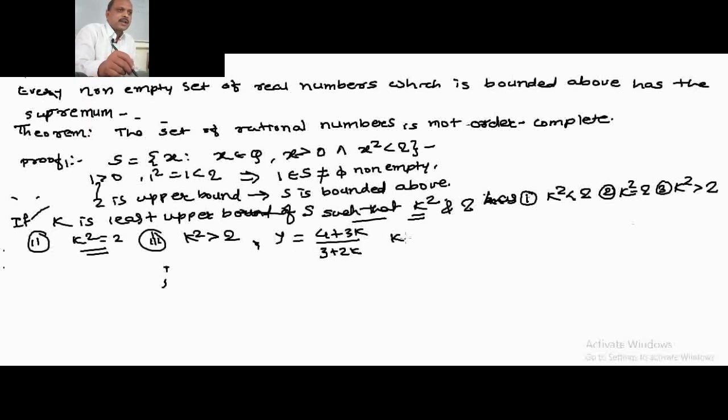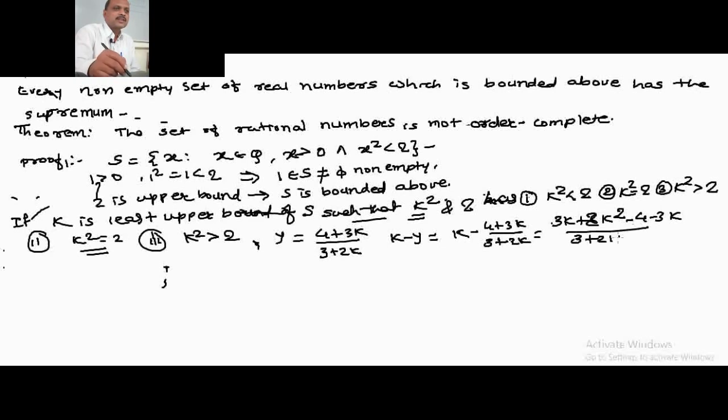Then k minus y equals k minus (4 plus 3k) divided by (3 plus 2k). By cross multiplication, this is 3k plus 2k square minus 4 minus 3k, divided by 3 plus 2k, that is 2 into (k square minus 2) divided by 3 plus 2k.